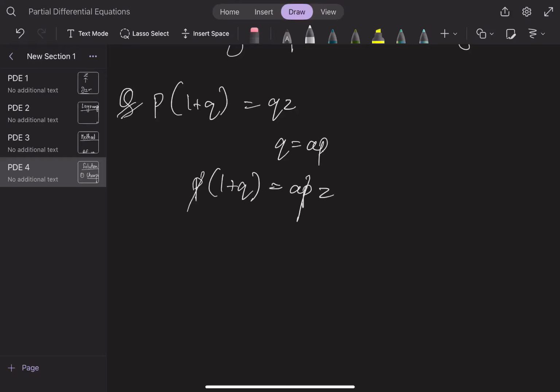Let's cancel the p. So z is equal to (1 plus q) divided by a. So let's replace q with ap.